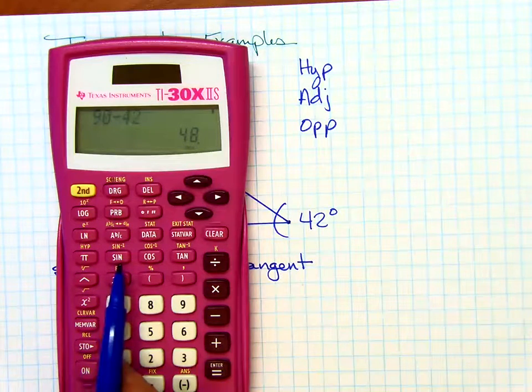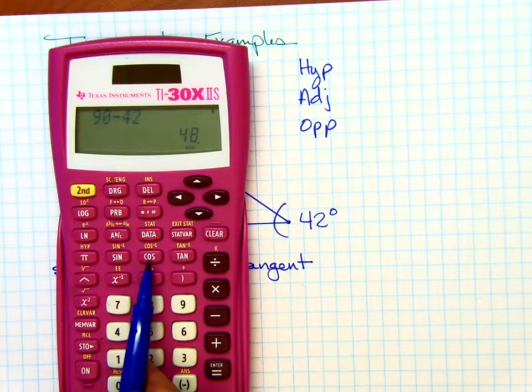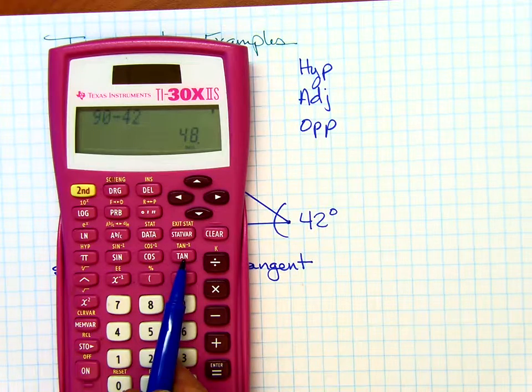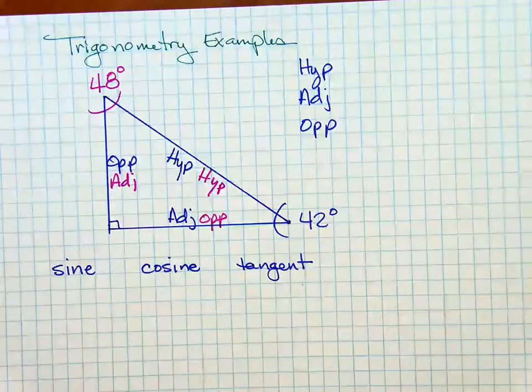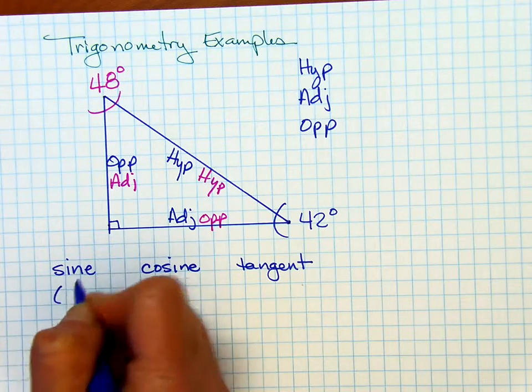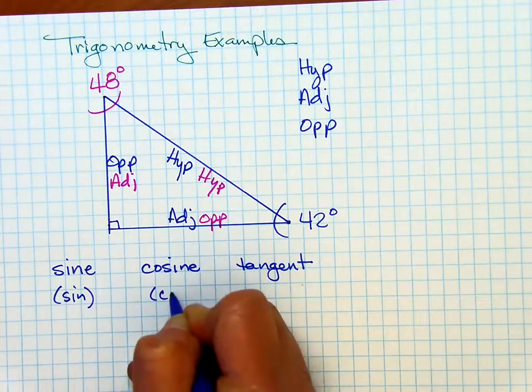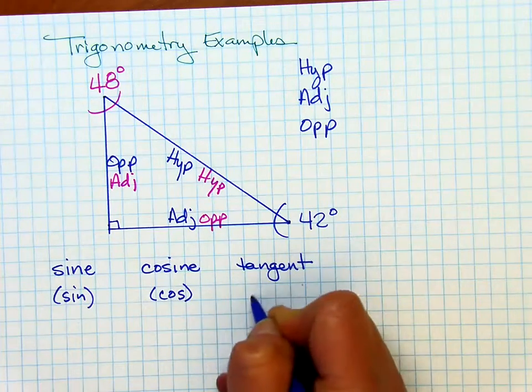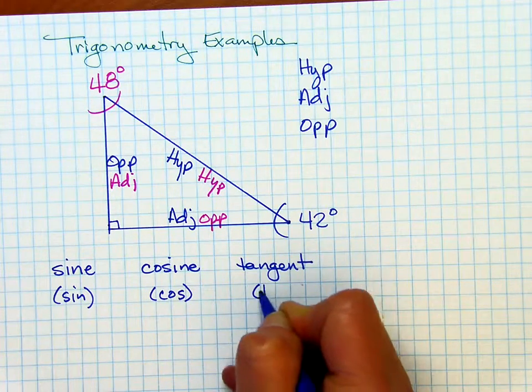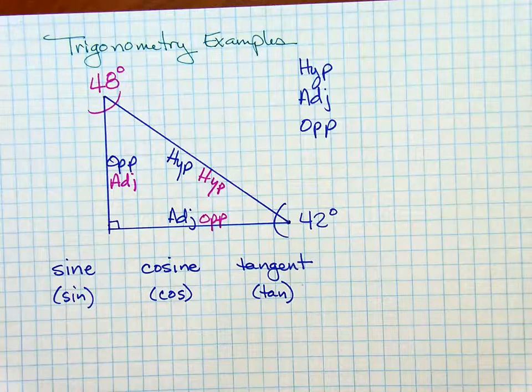SIN is the sine, COS, cosine, TAN, tangent. So if you want to put that in your notes, I'll just put it in parentheses, and that's going to represent the calculator version.